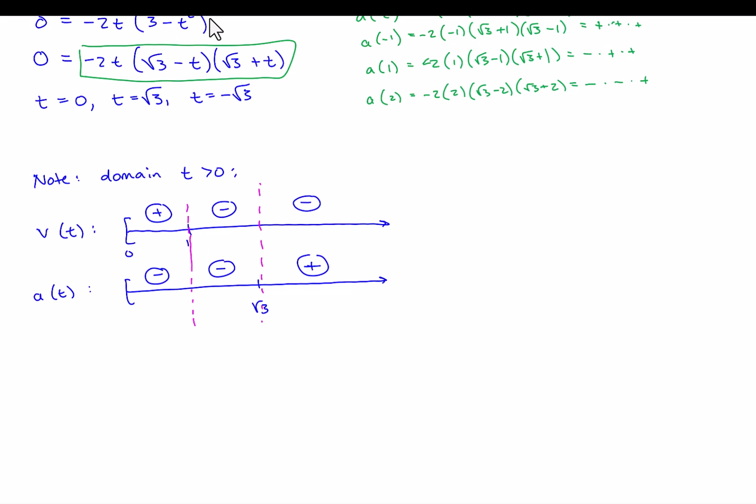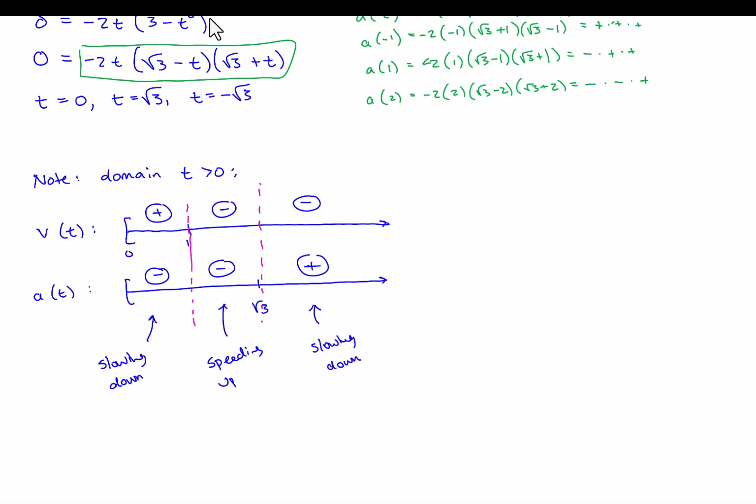So the signs are different on this interval. And when the signs are different, as I mentioned early on here, that means that you're slowing down. If the signs are the same, that means you're speeding up. And here the signs are different, so we're slowing down again.